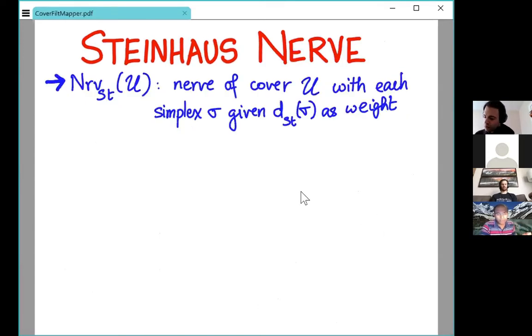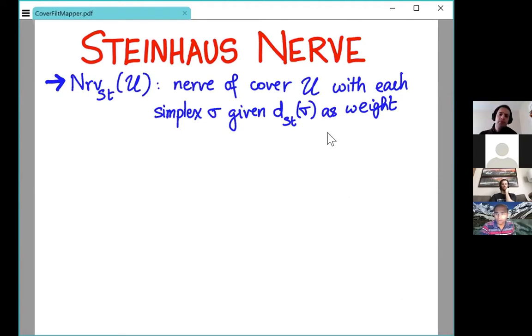So we first talk about the Steinhaus nerve. You have a cover U, and you can give each simplex in the nerve of the cover this Steinhaus distance as a weight. So that's a weighted Steinhaus nerve. That's what we call the Steinhaus nerve.